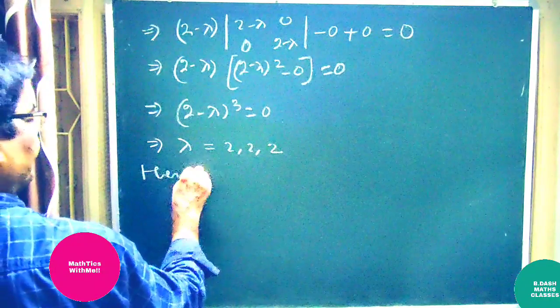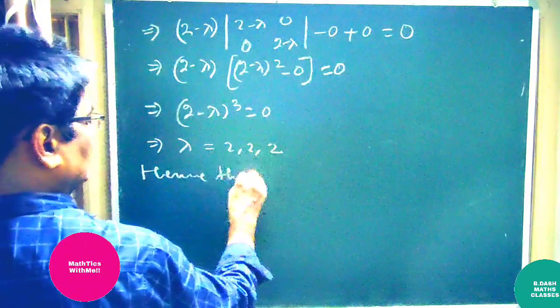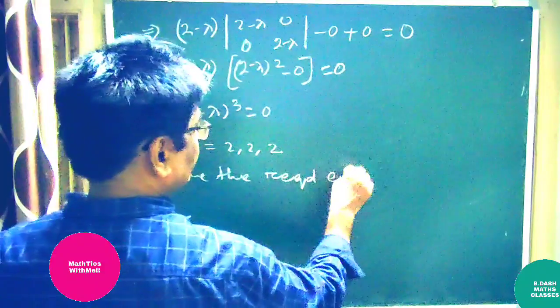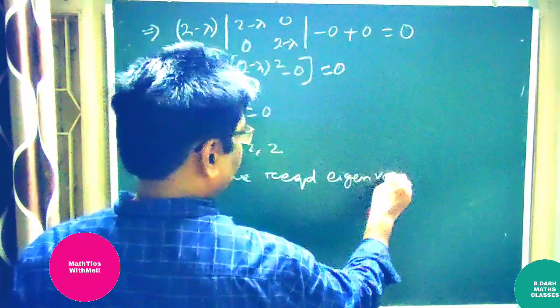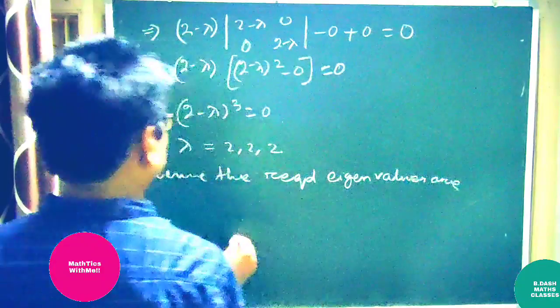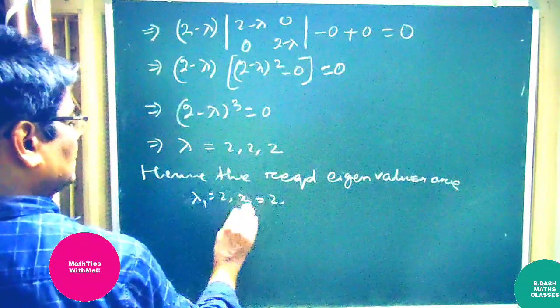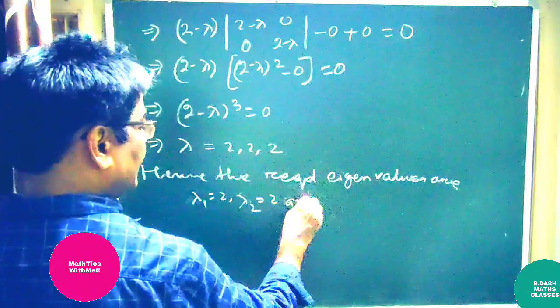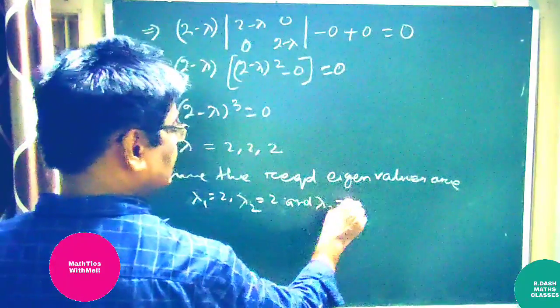Hence the required eigenvalues are lambda 1 equals 2, lambda 2 equals 2, and lambda 3 equals 2.